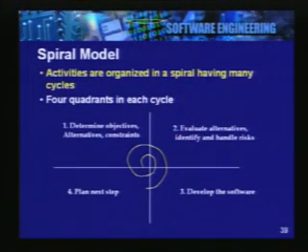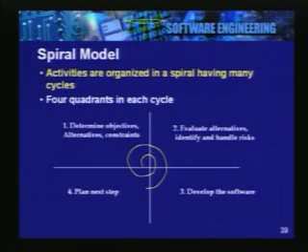Finally, we have a methodology called the spiral model. In the spiral model, we go through the development in cycles, and each cycle is divided into 4 quadrants. In the first quadrant, we try to define the objectives, alternatives, and constraints. So, this is the starting point.